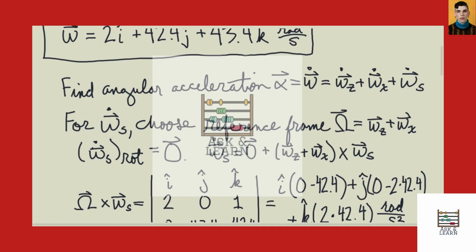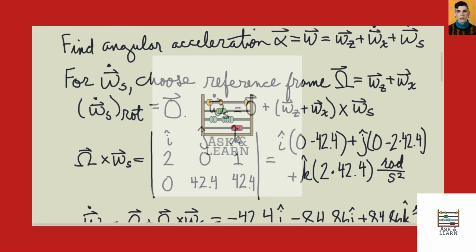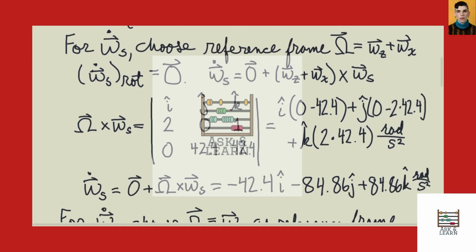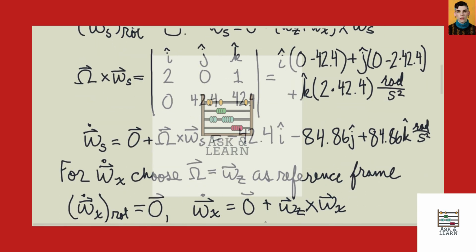So we can assign this instantaneous change in the angular velocity of the spin axis to vector 0. And plugging that into the coordinate frame rotation transformation equation, we are left with, for the time rate change of vector omega s, the 0 vector plus the sum of vector omega z plus vector omega x crossed with vector omega s. That will give us the time rate change of the angular velocity of our spin axis component.